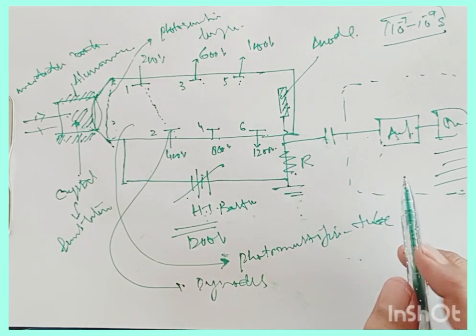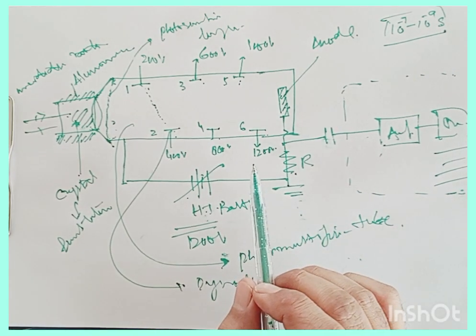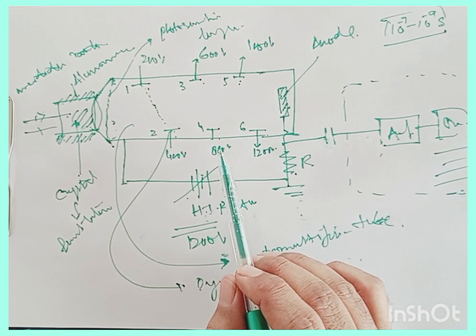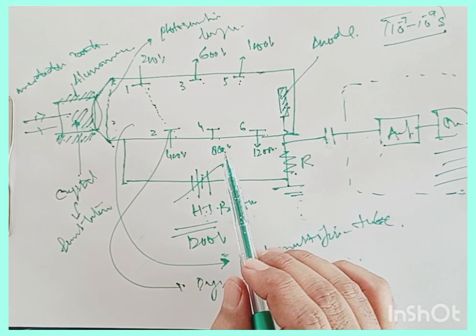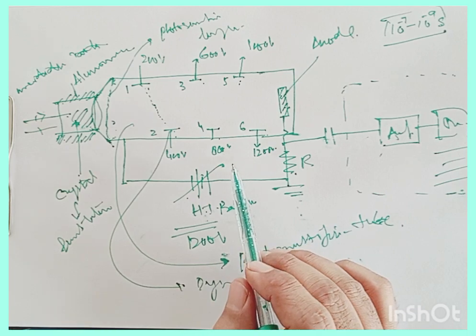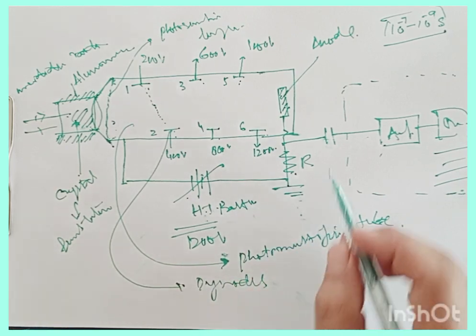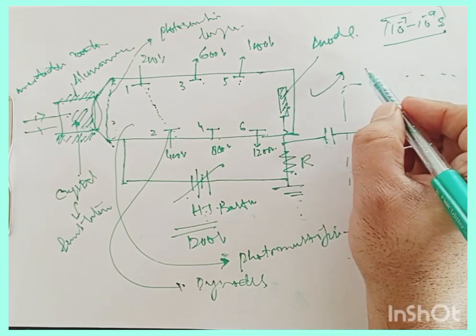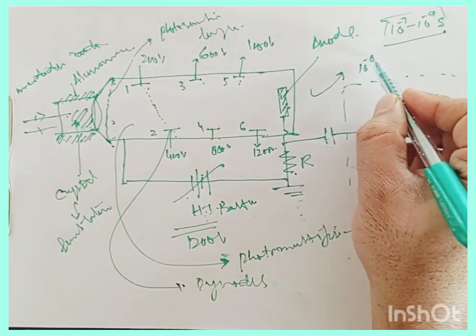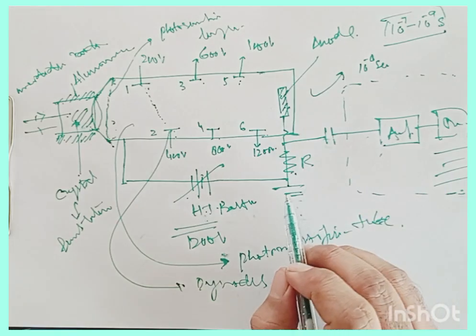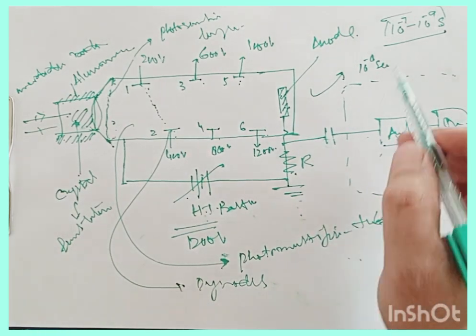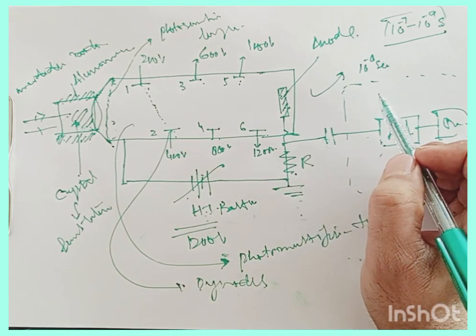electronic arrangement. Now the point is that the transit time of electrons in this case, and the build-up period of photons in this scintillation counter, the time that it takes to produce this signal, is of the order of 10 to the power of minus 8 seconds. And the resolving time of the instrument depends on the RMS deviation in this time.